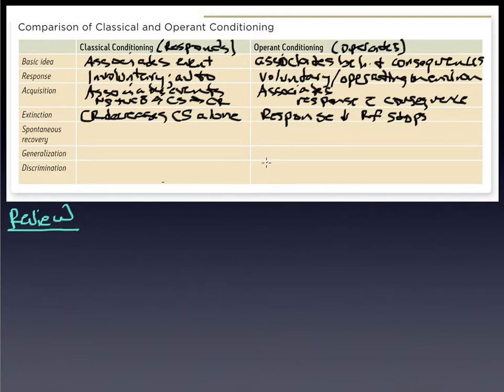Does spontaneous recovery occur? In classical conditioning, this is a far more profound happening, but there is a reappearance, and that's what spontaneous recovery means. There's a reappearance of the extinguished CR after a rest period.